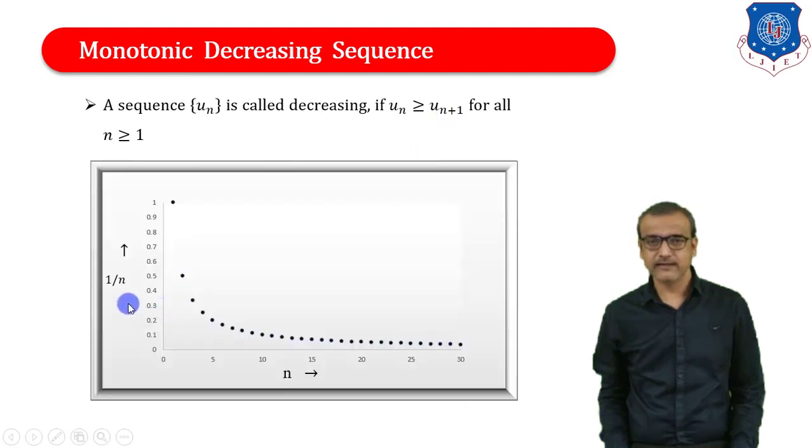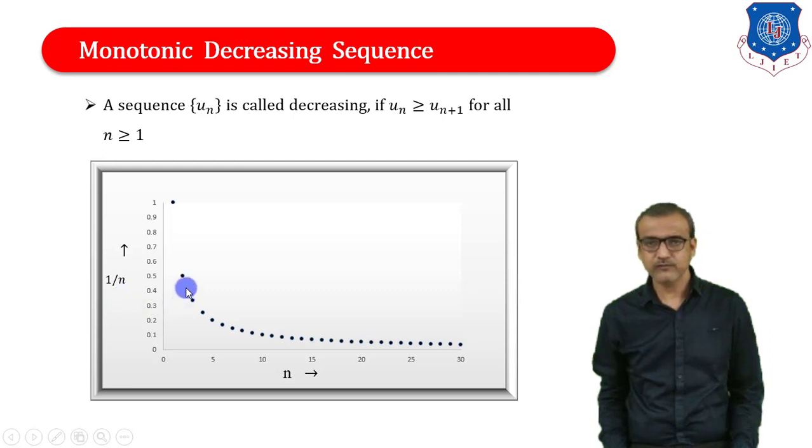So this is the graph of 1 upon n versus n. As n tends to infinity, here you can see that 1 upon n tends to 0. Here you will see that U1 is greater than U2. For n equals to 1, you will get 1 upon 1, and for n equals to 2, you will get 1 upon 2.